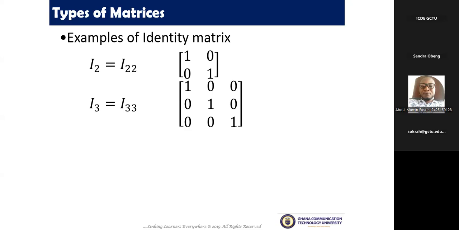Very important. So if you have a 4 by 4 matrix, can you write out the unit matrix? You realize that a 4 by 4 has 1, 0, 0, 0, 0, 1, 0, 0, 0, 0, 1, 0, and the last one will be 0, 0, 0, 1.